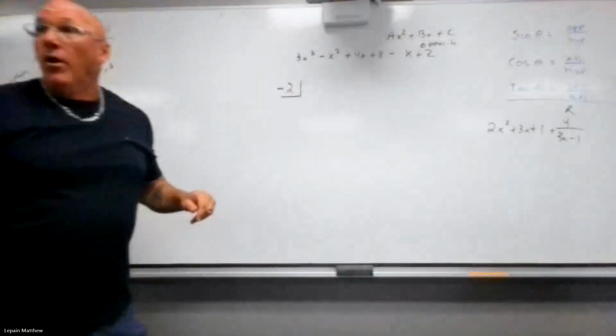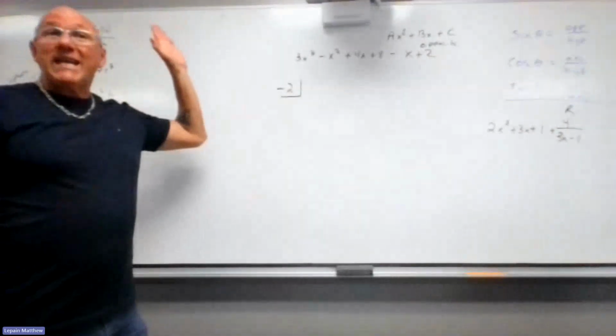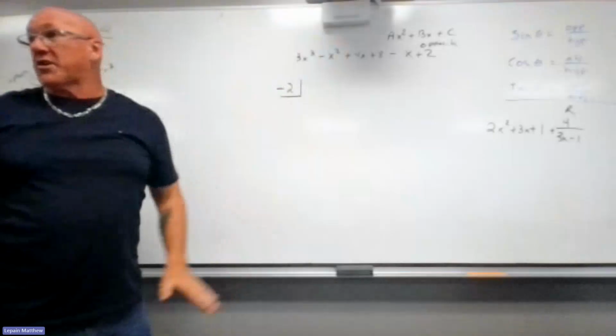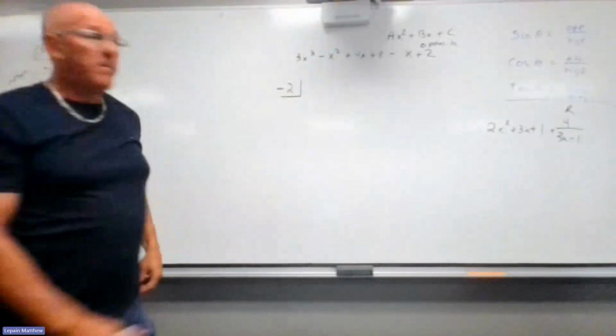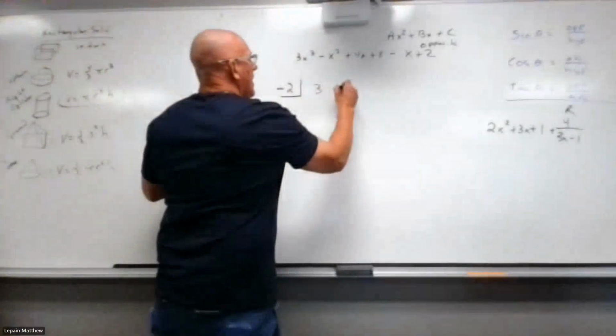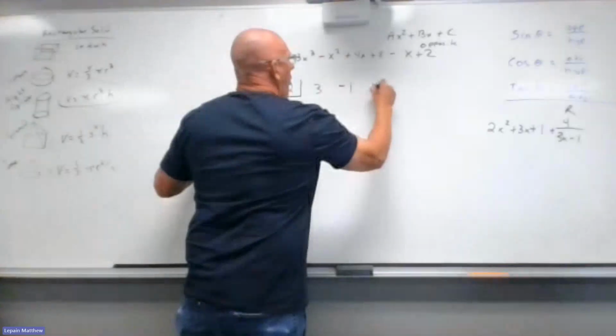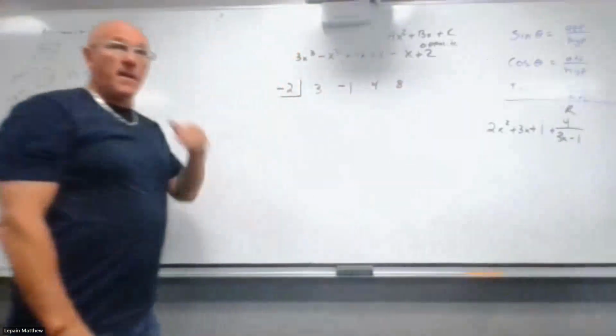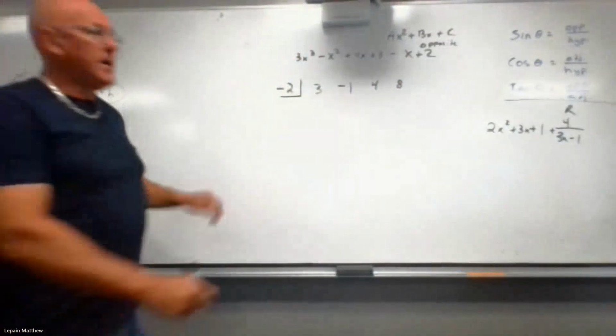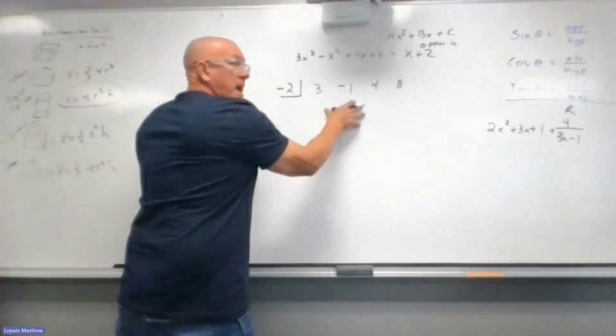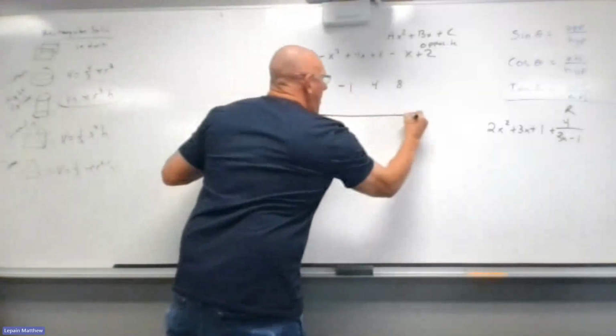Now, write down all the coefficients and the constant. 3, -1, 4, and 8. Give me a little bit of space underneath that. Draw me a bar.